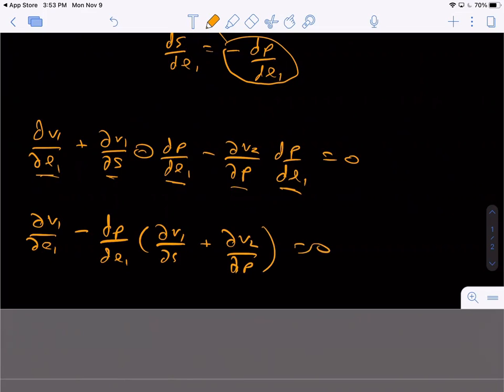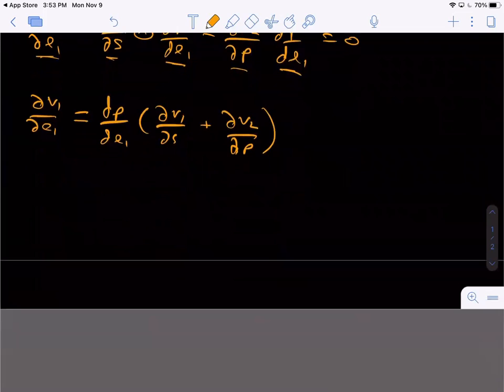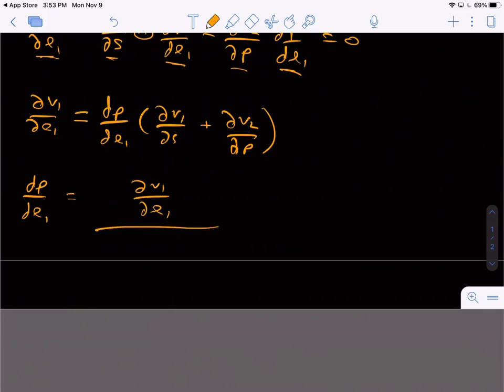I can move this across to the other side so I get positive on both sides, and then I can rearrange it to get dP by dE1, which is dV1 by dE1 divided by the denominator, dV1 by dS plus dV2 by dP.